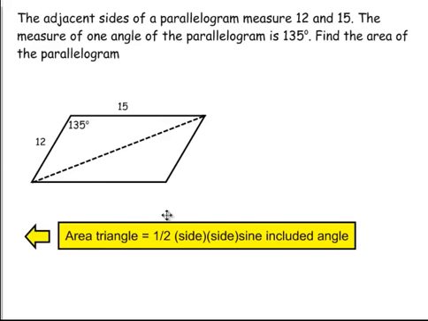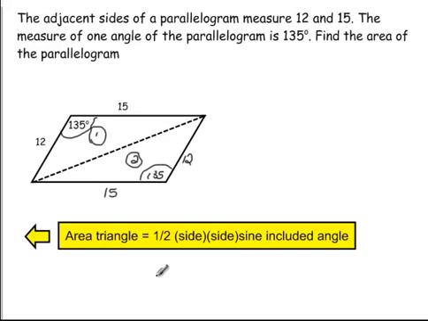But in this case, I have two triangles. I have one here, and I have the same exact triangle right here. This side's 15, this side's 15, this side's 12, and this is 135, because in a parallelogram, opposite angles as well as opposite sides are congruent.